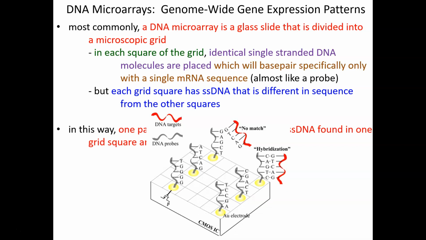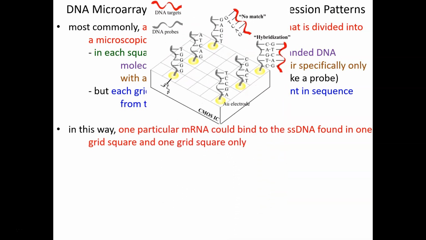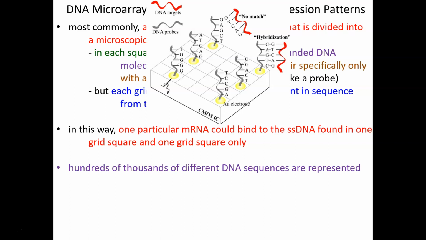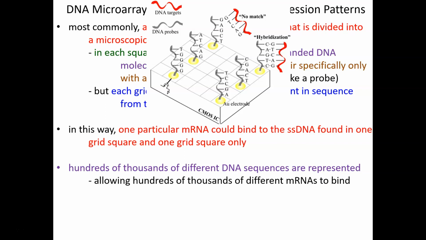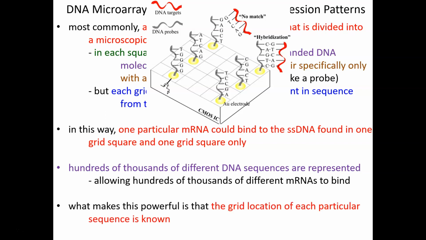So in this way, one particular messenger RNA could bind to the single-stranded DNA found in the grid square that corresponds to the gene for that messenger RNA. And it would only bind to that particular grid square because that same sequence wouldn't be found anywhere else. So hundreds of thousands of different DNA sequences can be represented on a microarray, representing hundreds of thousands of different genes, and allowing the messenger RNAs to bind to them and detect their expression, detect that gene's transcription.